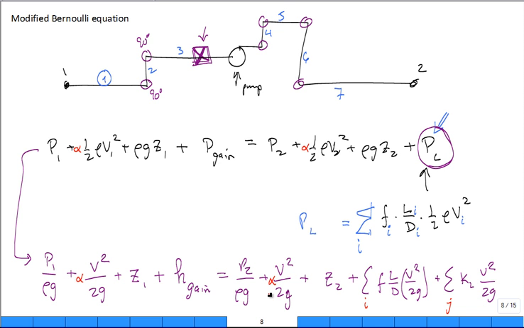That's right, kinetic energy correction factor, because this is the average velocity in the pipe. Now, if it's turbulent flow, and most of our problems are turbulent, what do you think alpha is close to? 1.02, 1.05. It's close enough to 1 to just say it's 1.